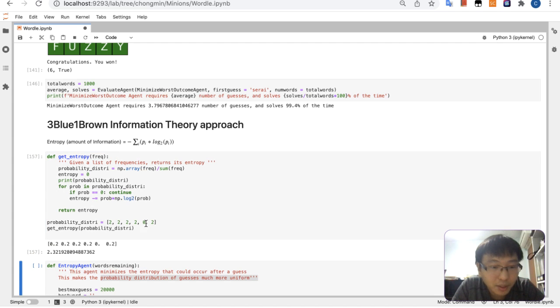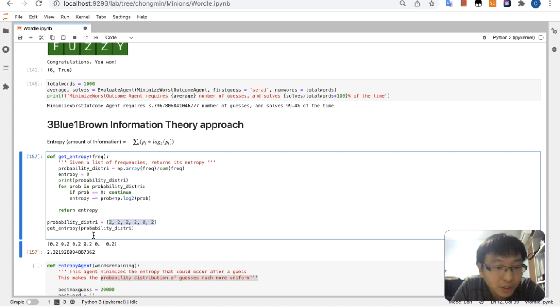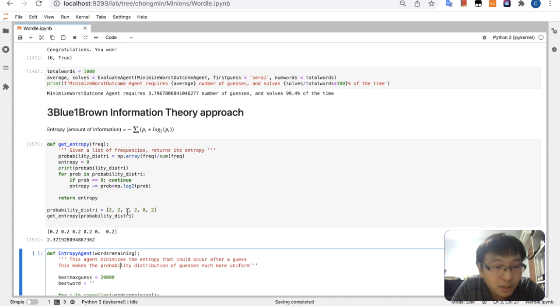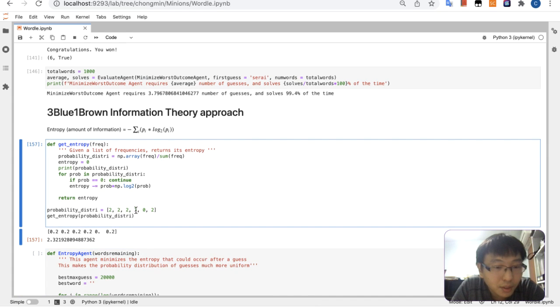Okay, so if we make this 0, I'm not sure whether I did it correctly, but let's say we have a list of probabilities and some of them are 0 already because there's no chance of it happening, it should give me like 2.